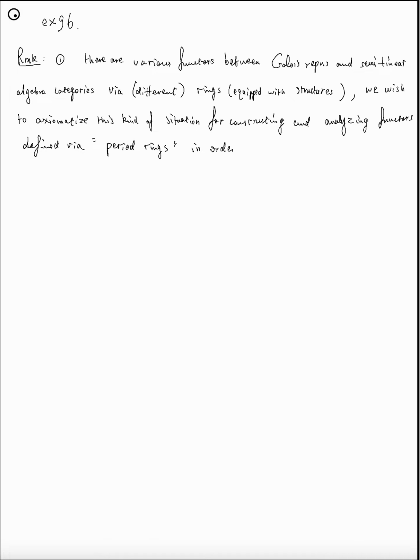In order that we don't have to repeat similar arguments every time we introduce a period ring.